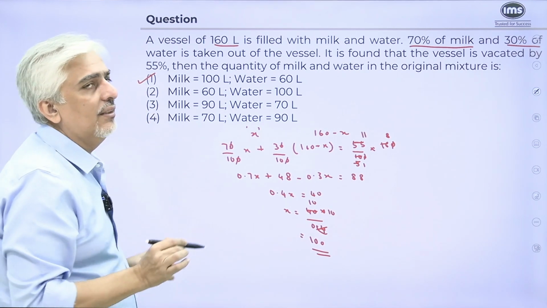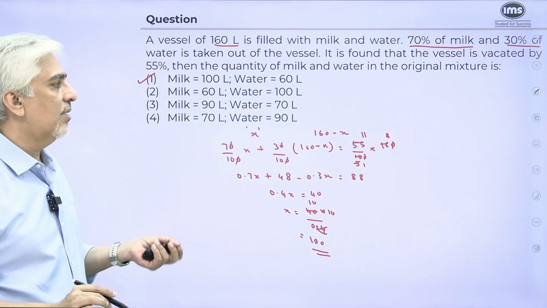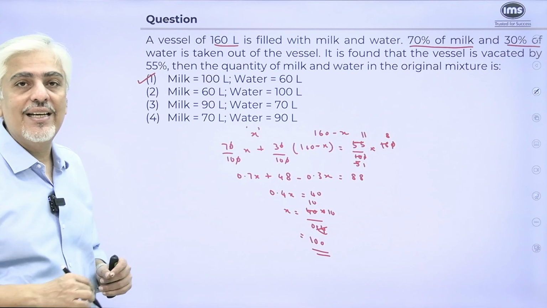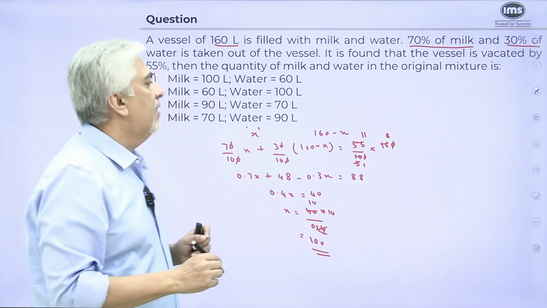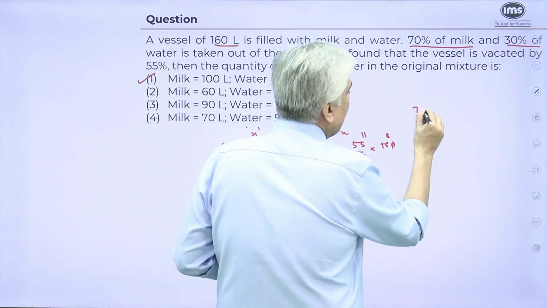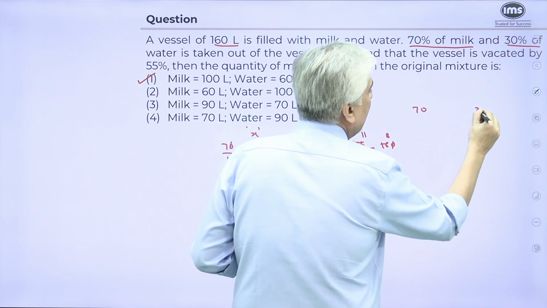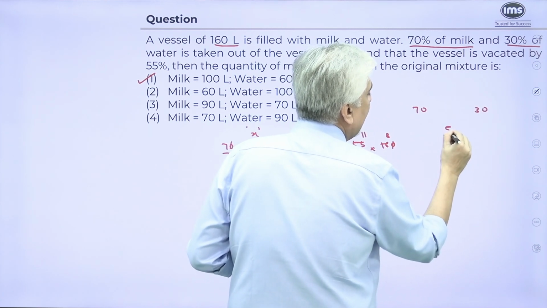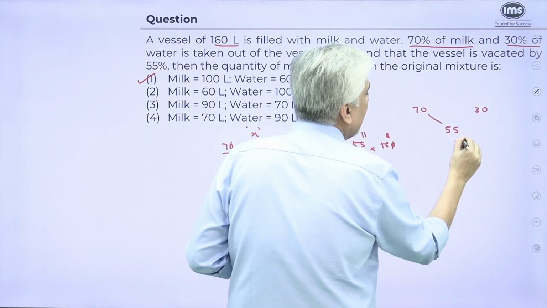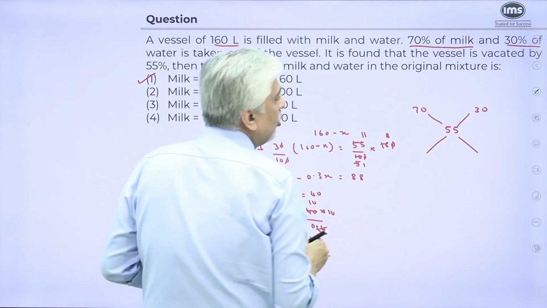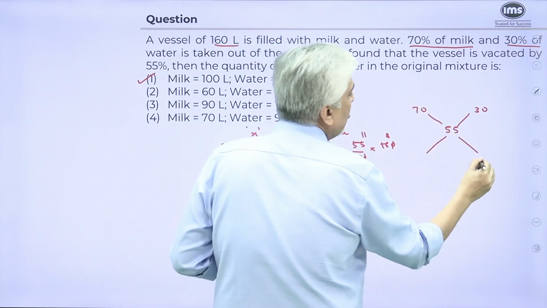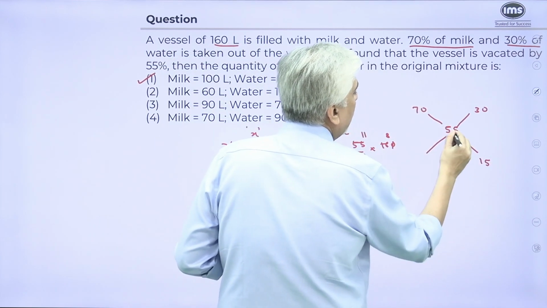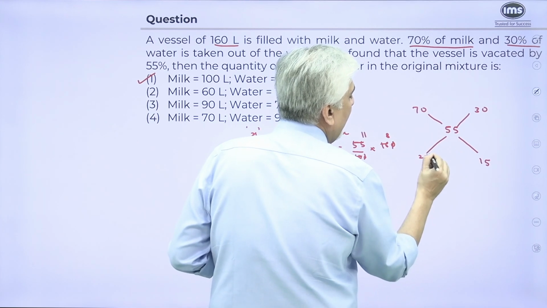Those were two longer methods. What's the shortcut for this question? Alligation. If you've learned alligation, you should be able to use it. I'm removing 70% milk and 30% water, and the net removal is coming out to be 55%. So I should get the ratio of milk to water. 70 minus 55 is 15. 55 minus 30 is 25.